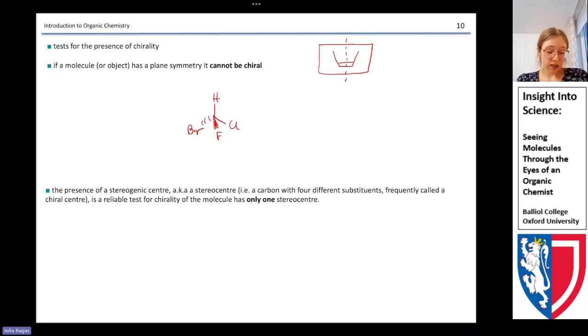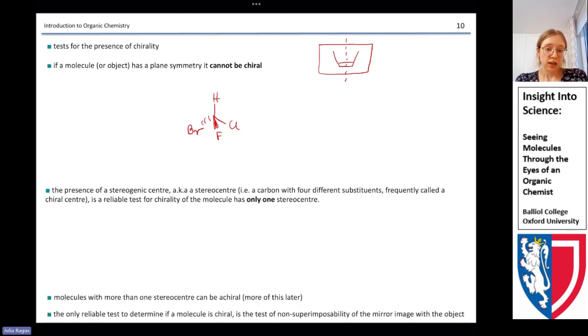So the only reasonable test for chirality is, in fact, the test of non-superimposability of the mirror image with the object. If you can rotate your mirror image such that it 100% matches the object, then it means that the molecule is achiral.